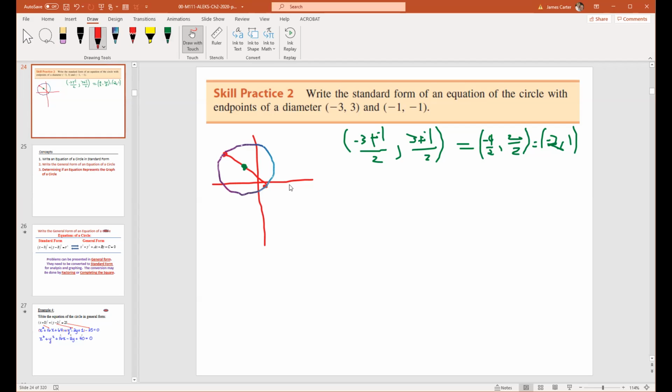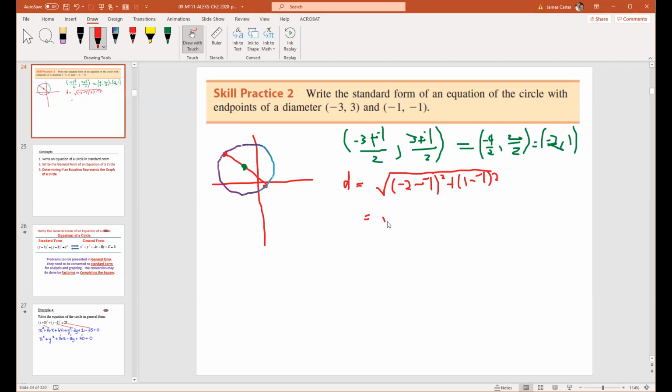So to find the distance, we're going to take the square root of the difference of the x's, so -2 from the center point minus -1 of this point, squared, plus, now the y values, +1 minus -1, squared.